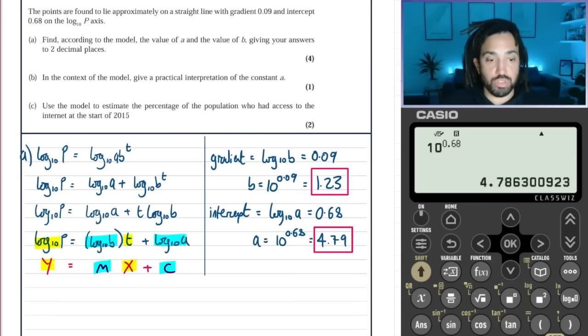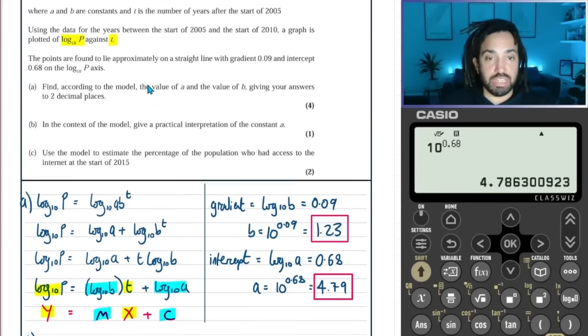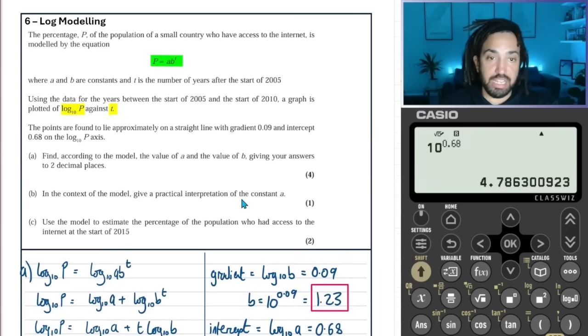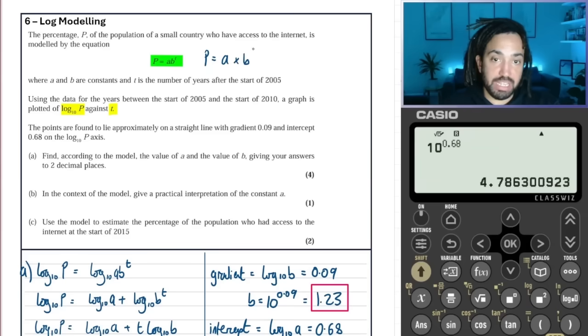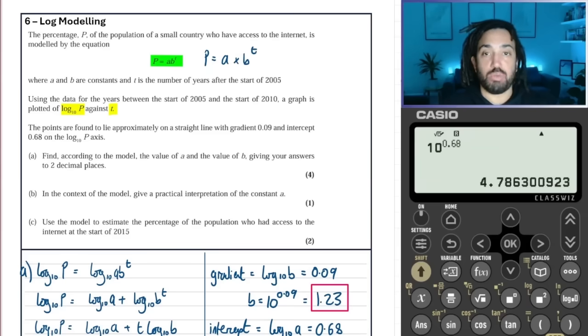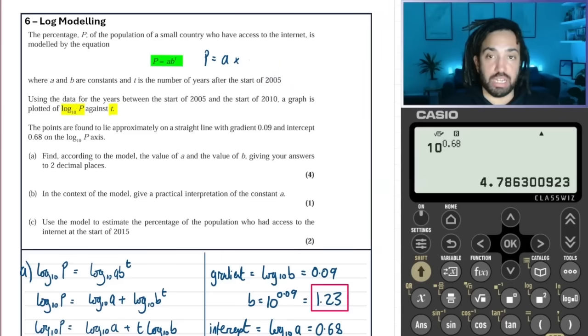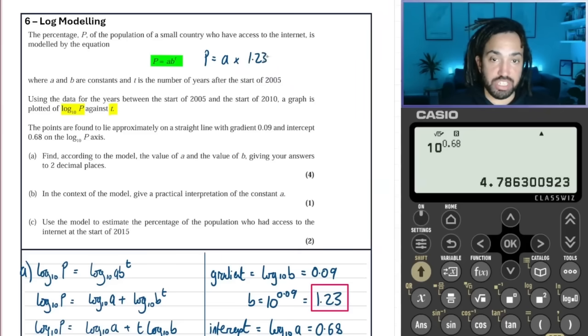Okay, moving on to part B, and it says, in context of the model, give a practical interpretation of the constant A. Well, whenever you've got a model like this, P is equal to A times B to the number of years, where B is the multiplier, so what you're multiplying by each year.